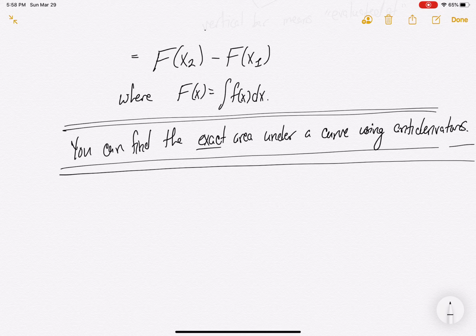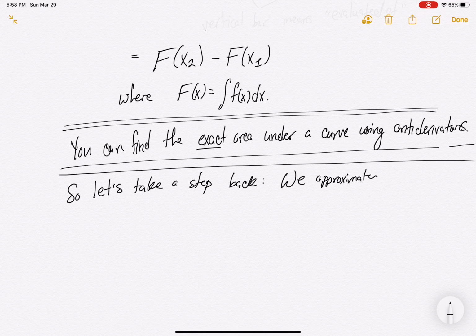So let's take a step back. We approximated area using rectangles.